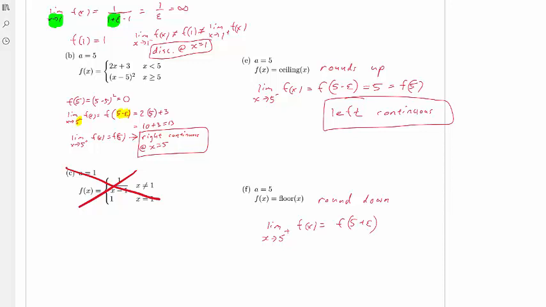It's 5.00000, 1,000 plus 1 zeros, and then 1. Well, it's getting rounded down to 5, because that's how the floor function works, which is the same thing as if we simply evaluated it at 5. And so that is right continuous.